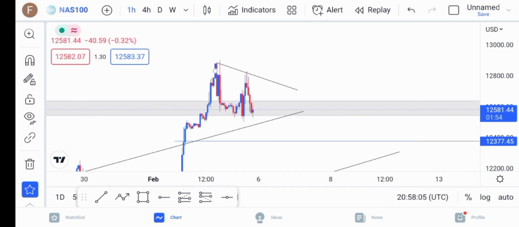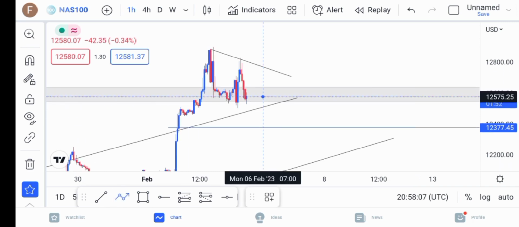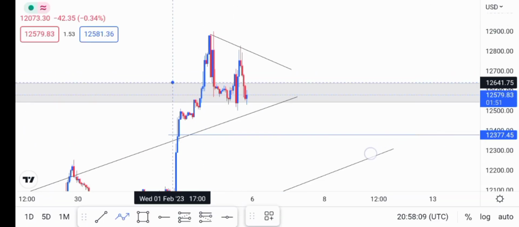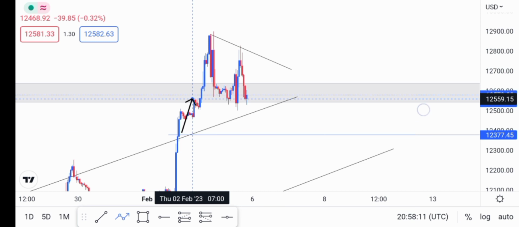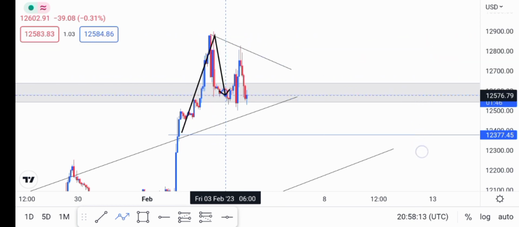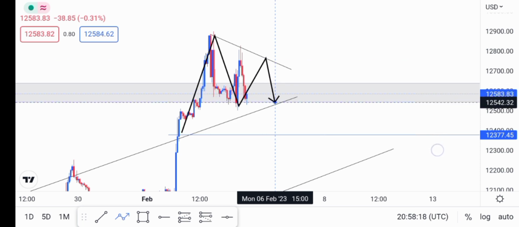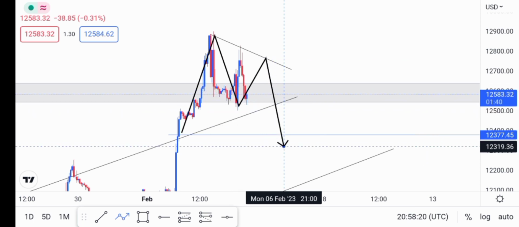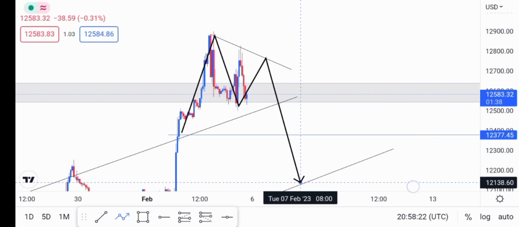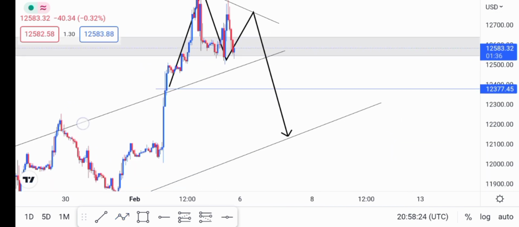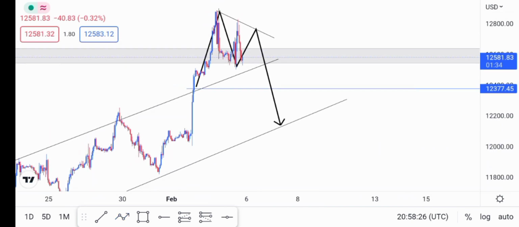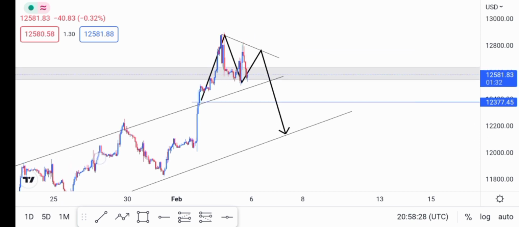The moment I feel like we're going to have this kind of movement, as you can see, starting from here, we're going to have a bit of a push here, a bit of playing around before we push inside this area right over here and touch this level right over here. This is the current movement I'm anticipating from NAS100.